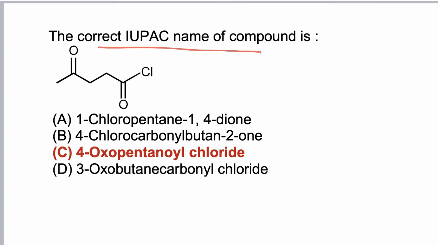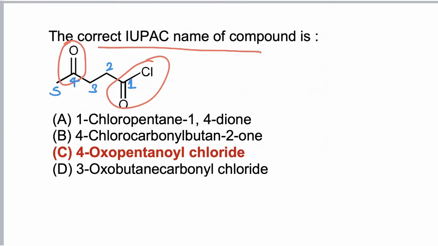The correct IUPAC name of the given compound. So first we have to find the principal functional group. Now acid chloride and ketone functional groups are both present in this molecule, but COCl has higher priority over ketone. So this is given the first carbon. 1, 2, 3, 4 and 5 carbon atoms are present in the main chain.